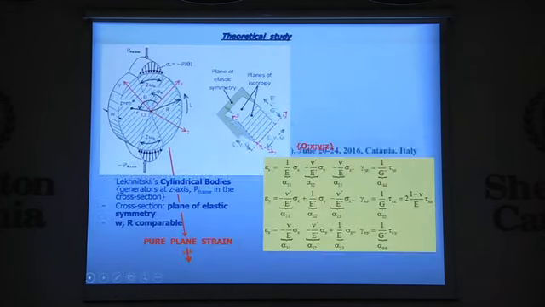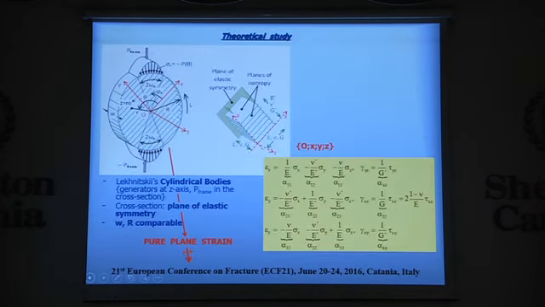So we consider our disk lying in the z complex plane, and these are the coordinate axes with the origin at the center of the disk and the xz plane parallel to the planes of isotropy. The externally applied load will form an arbitrary angle phi0 with respect to the planes of isotropy, whereas this angle omega 0 will describe the extent of the loaded arc.